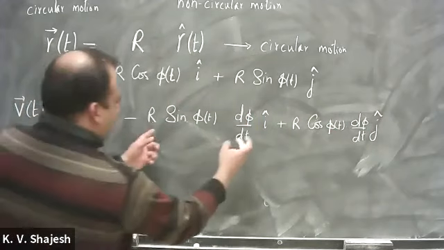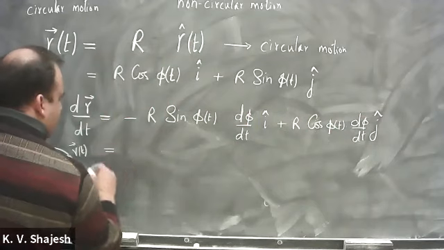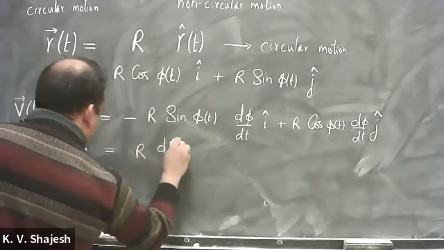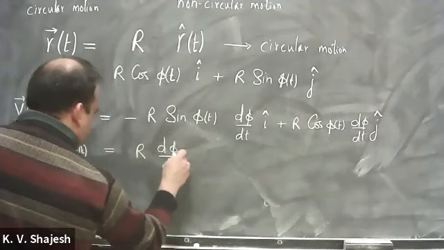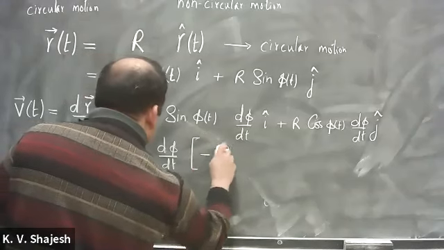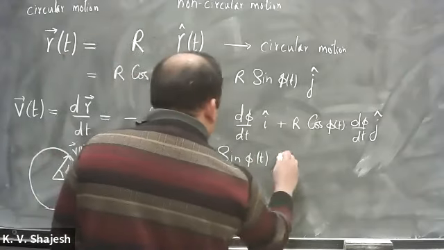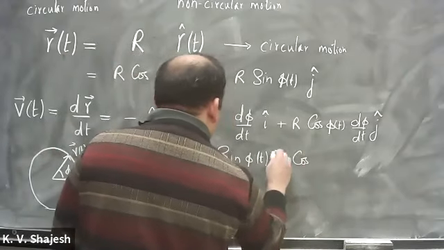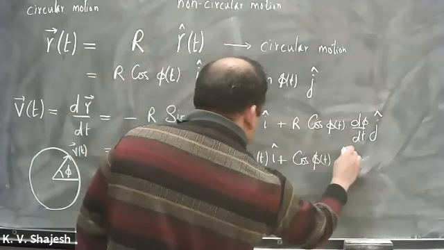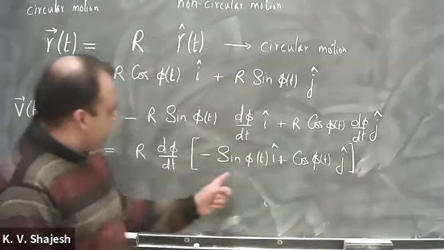Again, notice all these are common, exactly like the position vector. We observe something, and that is that if I were to take this common out, this is a time-dependent quantity, times minus sine of phi of t i hat plus cosine phi of t j hat. Very similar to the earlier vector, and notice again this is a unit vector.